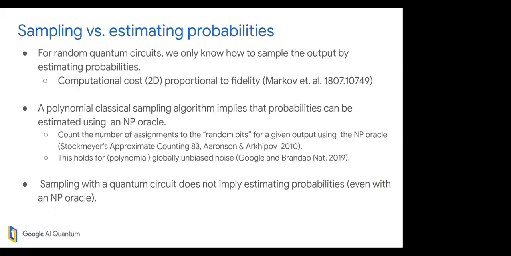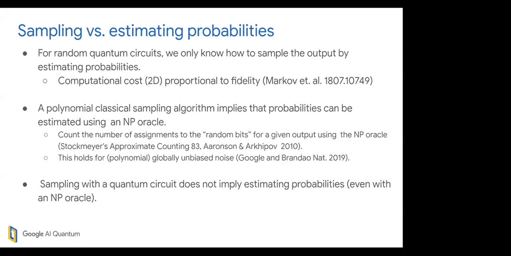Okay, good. Right. So in summary, the point I was trying to make is that the computational task is to sample, so that's producing bit streams according to the probability that is defined by a random circuit. And there is a fundamental difference between sampling with a quantum circuit in a quantum processor and sampling with a classical simulation algorithm.